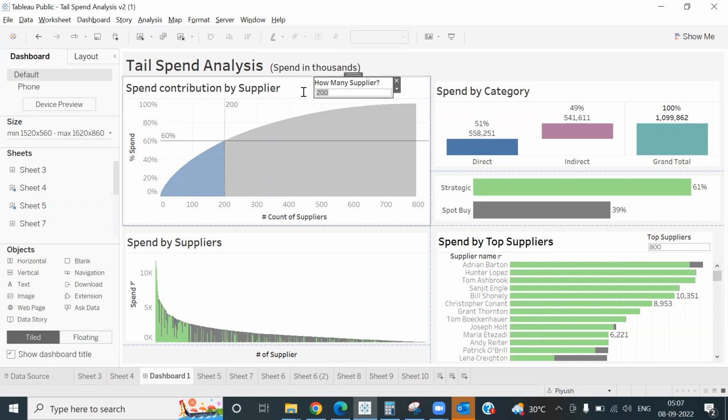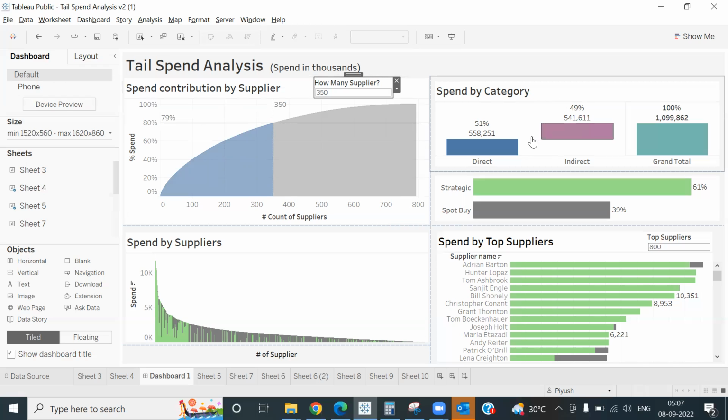Let's say the top 350 suppliers, how much are they contributing? The top 350 suppliers are contributing almost 80% of the spend. We have a total of 800 suppliers, so 44-45% of suppliers are contributing to 80% of the spend, which is not an ideal scenario. Ideally, 80% of spend should be managed by 20% of the suppliers. That is the industry rule. And there is definitely an opportunity here.